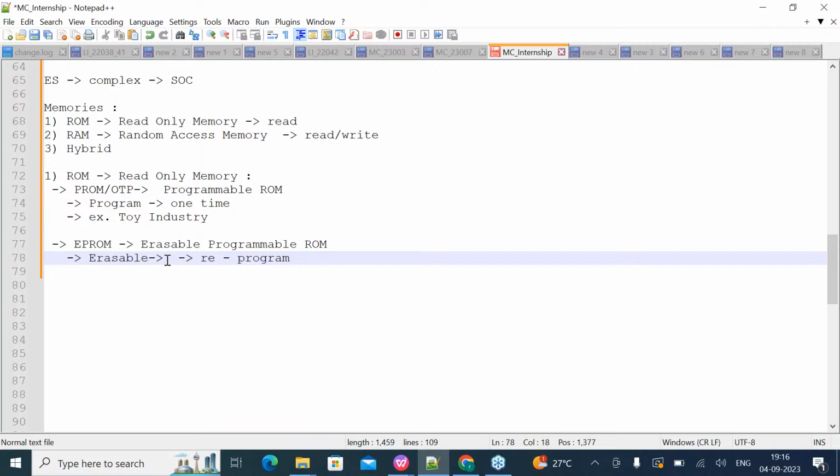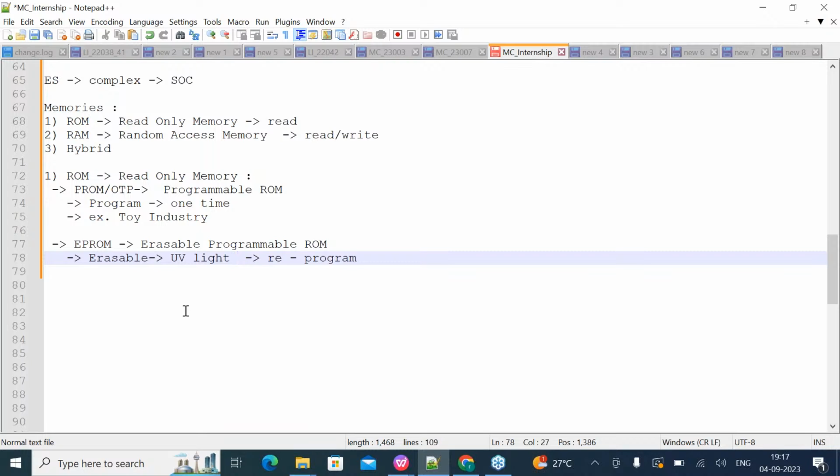But the question arises, how can we erase this? Is it that simple to erase this memory? No. Basically, to erase this, you have to pass UV rays, or UV light, and then whatever contents are there are erased, and then it can be reprogrammed.